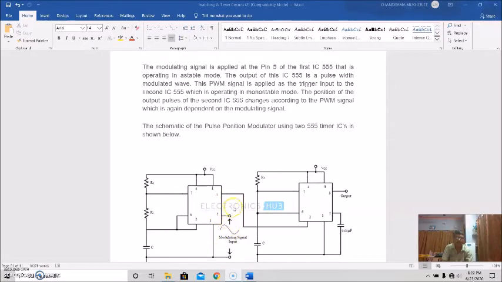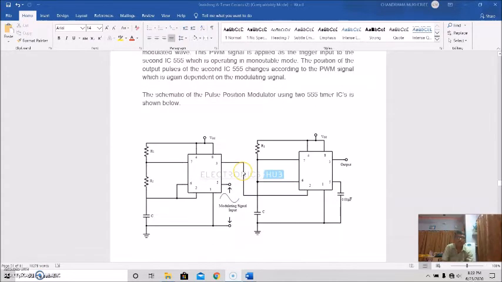So this output depends on the modulating signal, and this is given to the second 555 timer, and its position can be changed by this PWM, which again can be changed by the modulating signal input. This is the schematic diagram of the pulse position modulator using two 555 timer ICs. This is shown here. See this picture carefully.